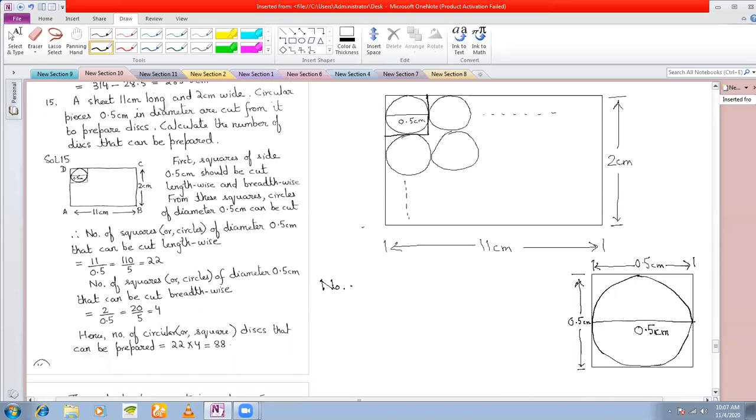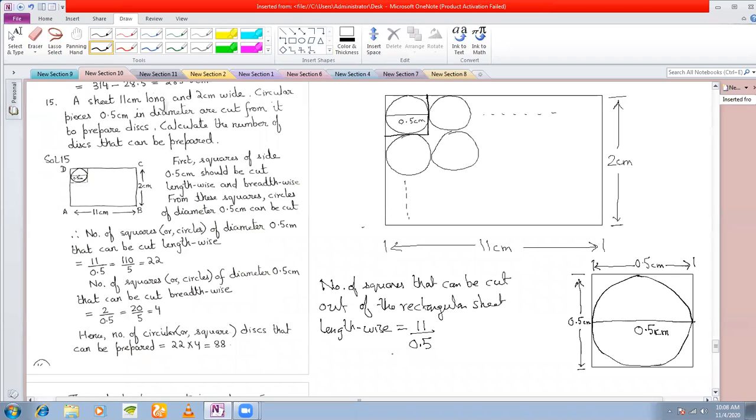Number of squares that can be cut out of the rectangular sheet lengthwise. How many can you cut lengthwise? What is the length here given? Length is given to be 11 centimeters. And if you're cutting out a square of side 0.5, how many squares can you cut out? 11 divided by 0.5? Do you agree or not?